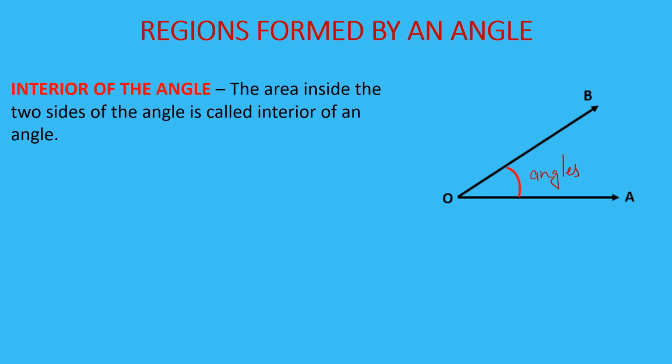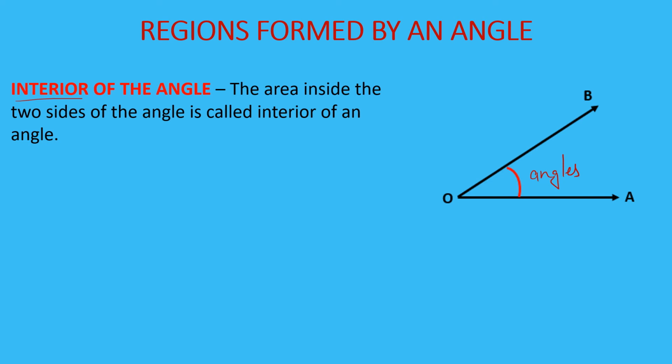Now let's discuss the different regions formed by an angle. We know this is our angle, and this angle is formed by the two rays OA and OB. There are different regions for this angle. The first one is the interior of the angle. As the name suggests, interior means the inside portion.